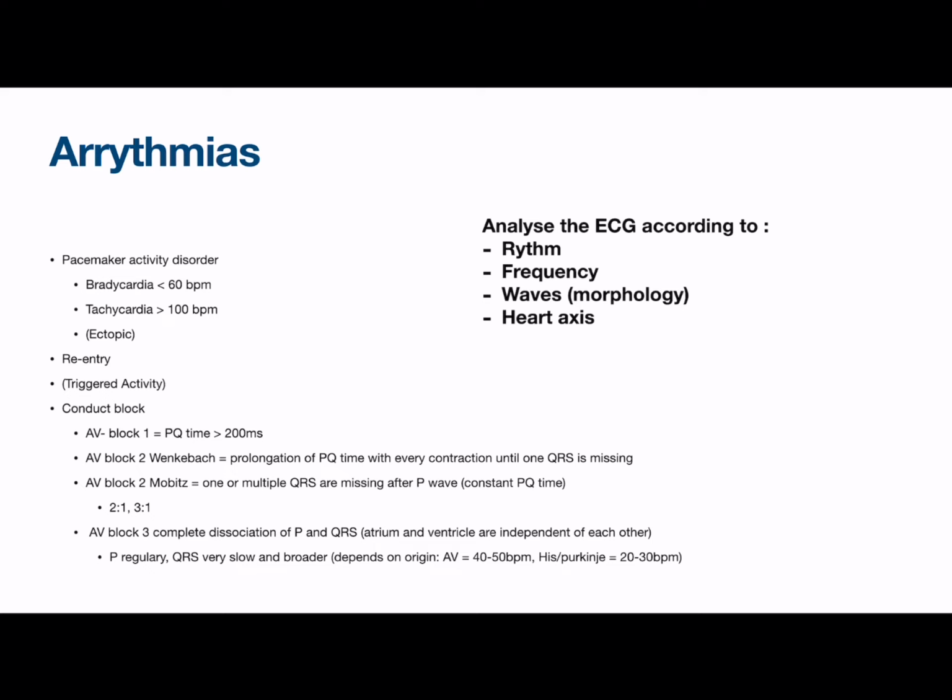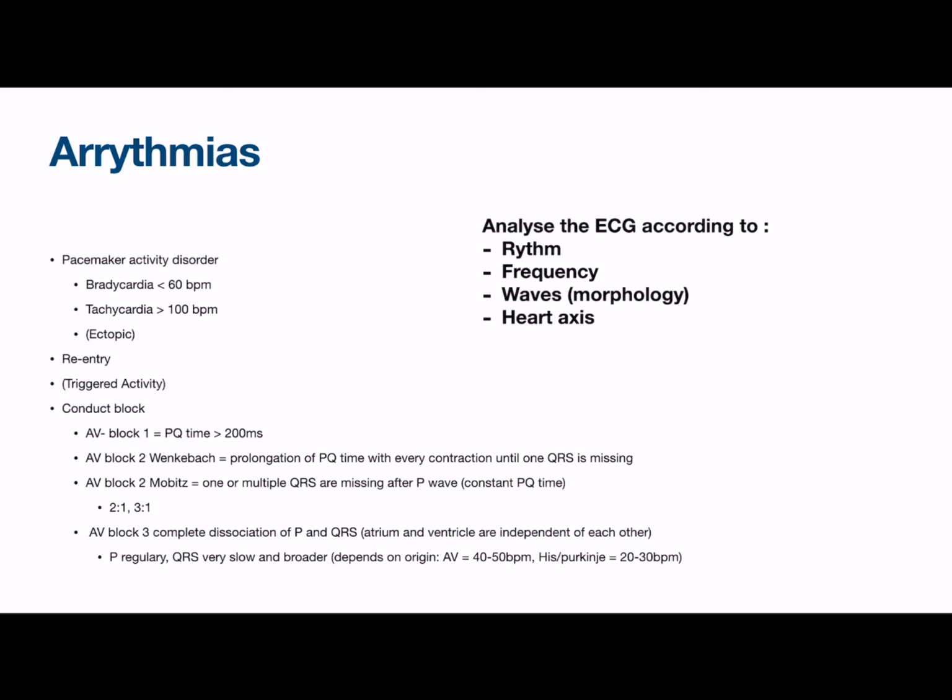Now some terms for the arrhythmias. If the heart frequency is below 60 beats per minute, we can call it bradycardia. If the heart frequency is above 100 beats per minute, we call it tachycardia.